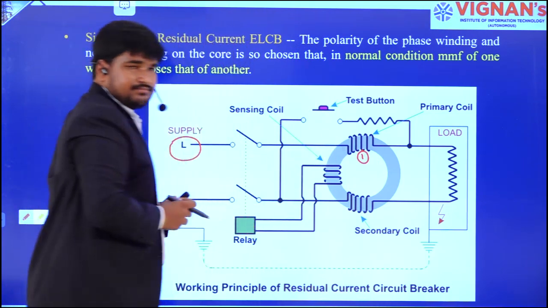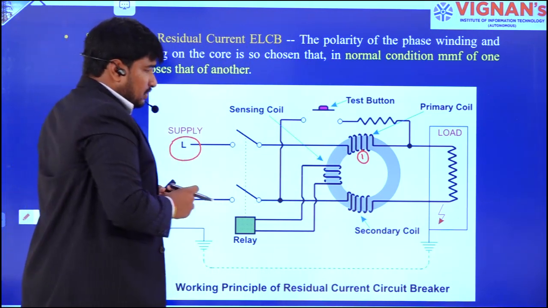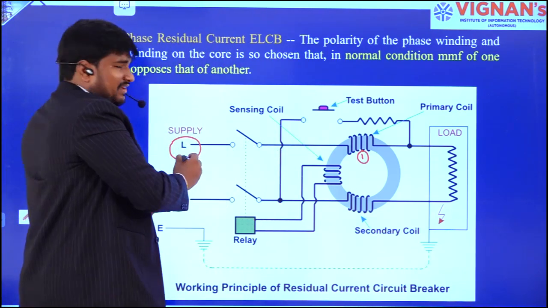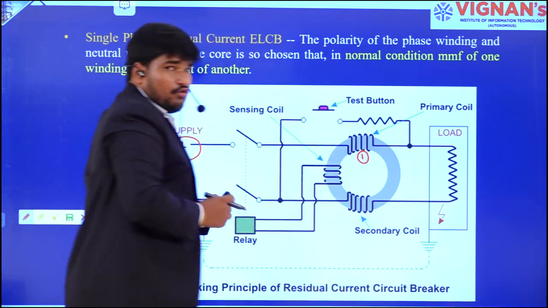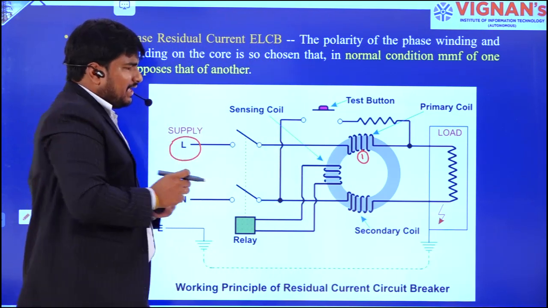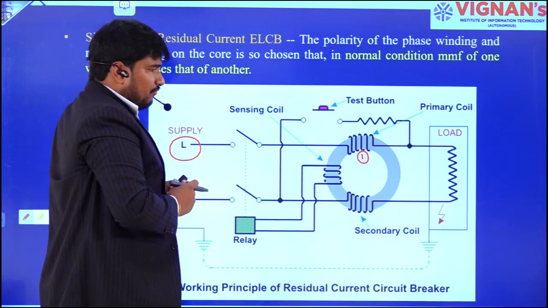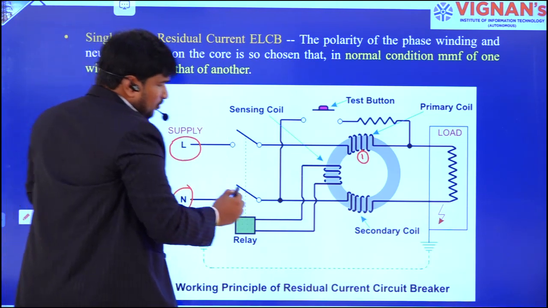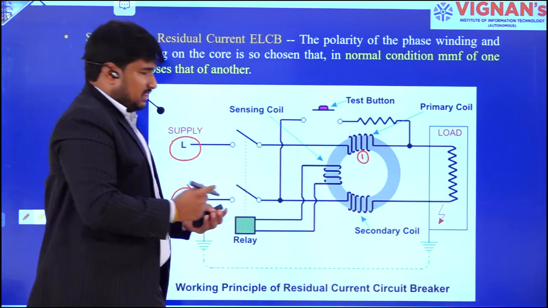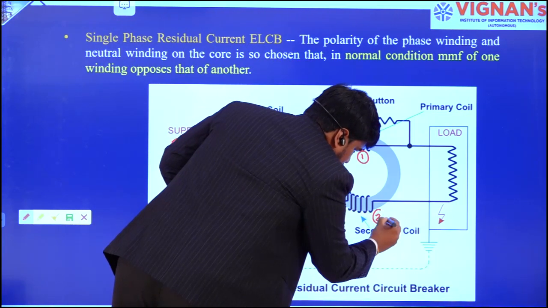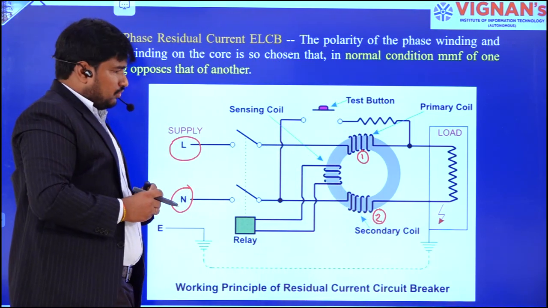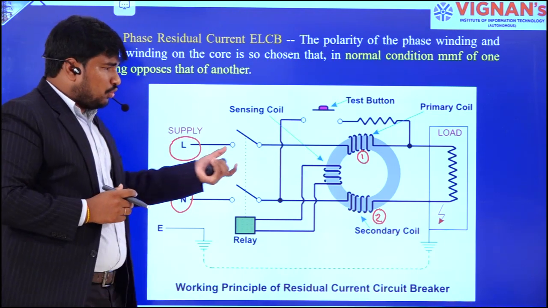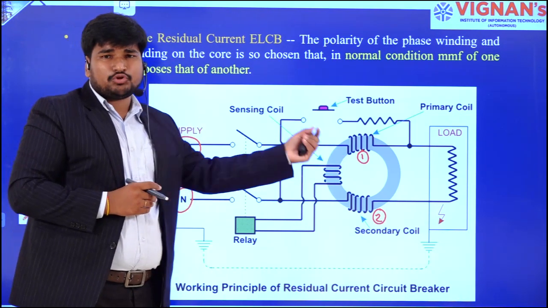So we are giving the line connection to one coil which is wound on a core, and the neutral is also given to another coil, let me indicate it is coil number 2. These are the two main coils.